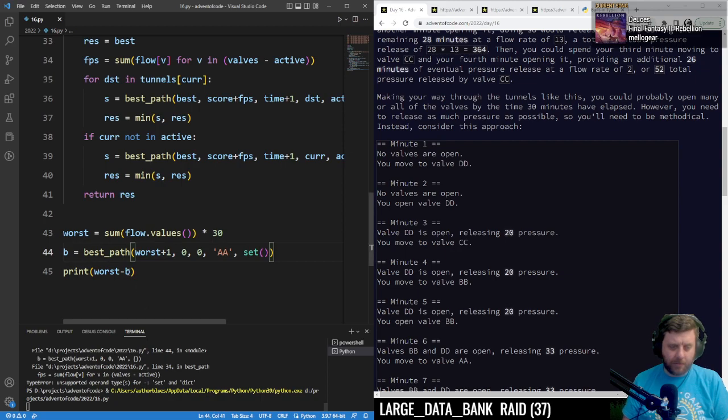My best attempt at branch and bound, but it might be dreadfully slow.